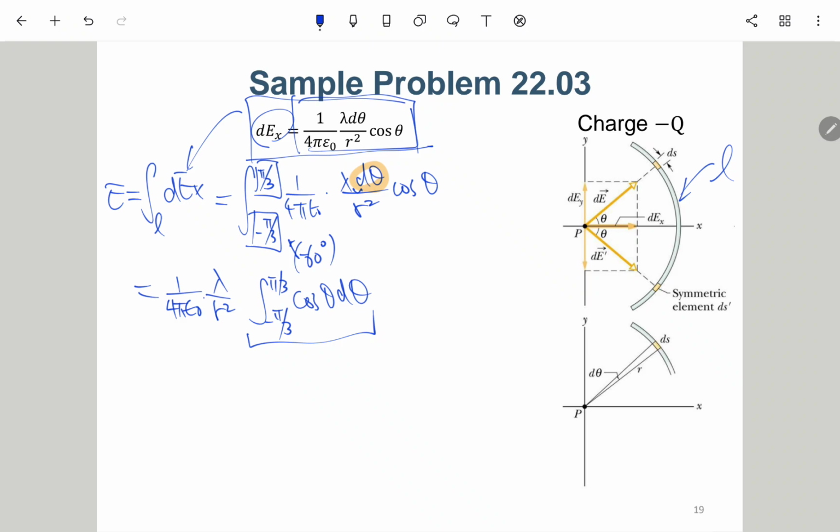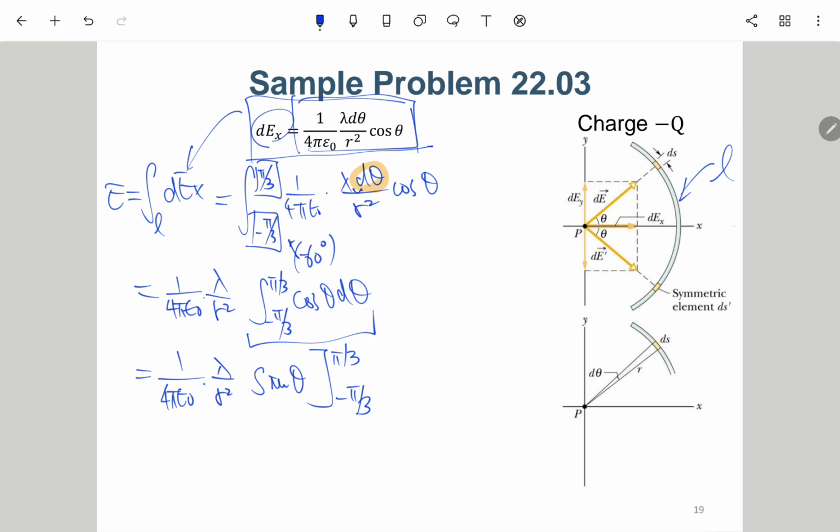The antiderivative of cosine of theta is sine of theta. So it is nothing but 1 over 4 pi epsilon naught times lambda over r squared, and then we have sine of theta evaluated from negative pi over 3 to pi over 3. Here we only need to substitute pi over 3, and then minus sine of negative pi over 3.